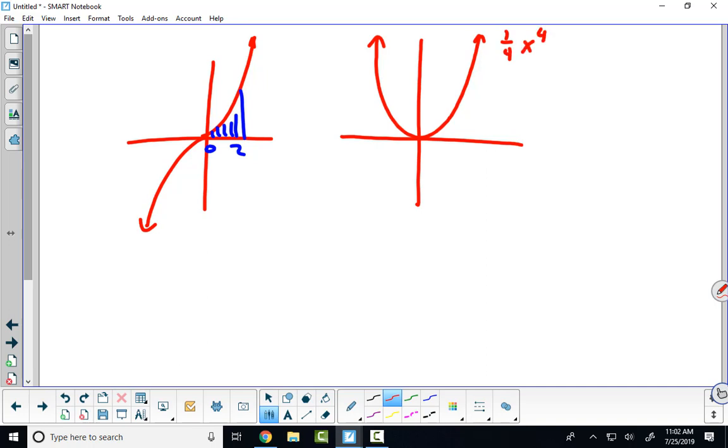Then what did we do? We plugged 2 into the function, and that gave us the value. So we plug in a 2, that gives us the y value of what? 4. And then we also plugged in 0, and that gives us the y value of 0. What is the difference between these two numbers?